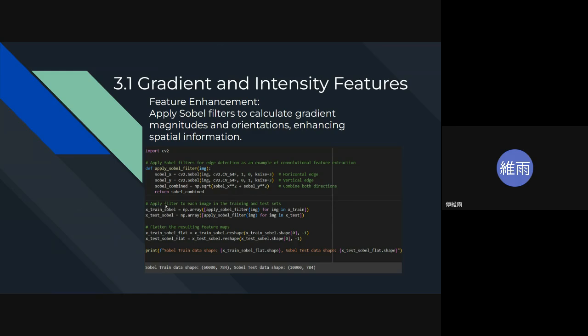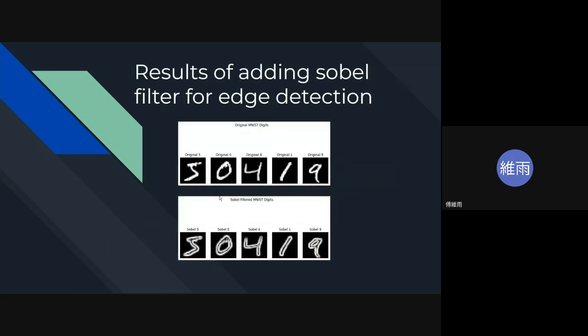As you can see here, once we vectorize the image, we apply the Sobel filter for x and the Sobel filter for y, we combine both directions and then return the combination of that. The result of applying the Sobel filter is to enhance the borders of the numbers, as you can see here in the original and after passing the Sobel filter.